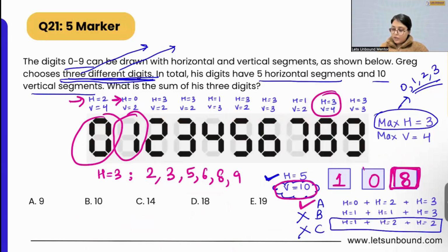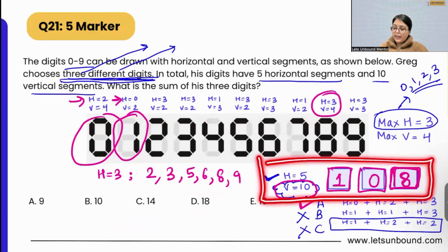If you now check all three digits 1, 0, and 8, they all satisfy the condition: H5 will be the sum when we add the horizontal segments of all three, and the vertical segment sum will be 10 if I add all three digits.